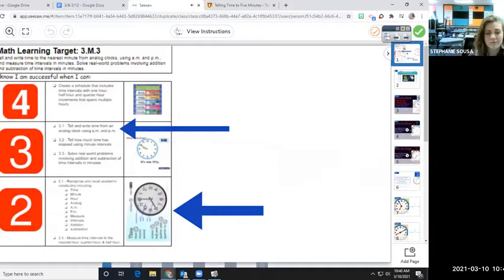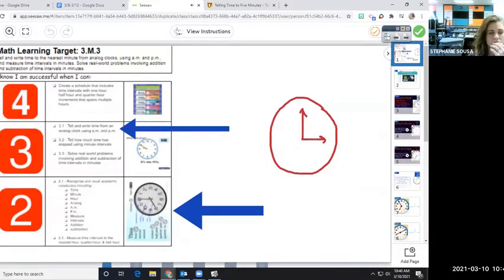We are going to start learning about telling time using an analog clock. Analog is the word for a clock that has hands and numbers like this. Today we are going to focus on understanding the vocabulary for the parts of a clock, and we're going to tell and write time from a clock.